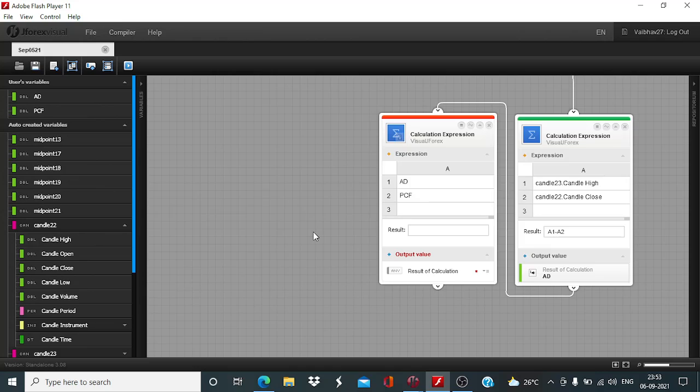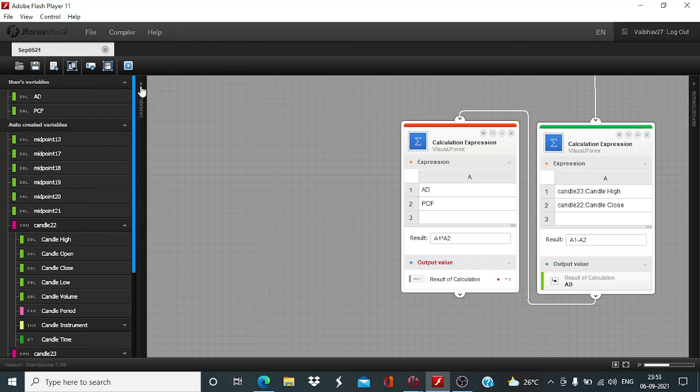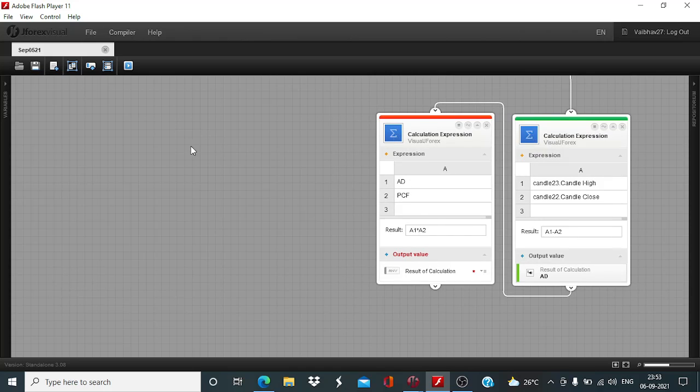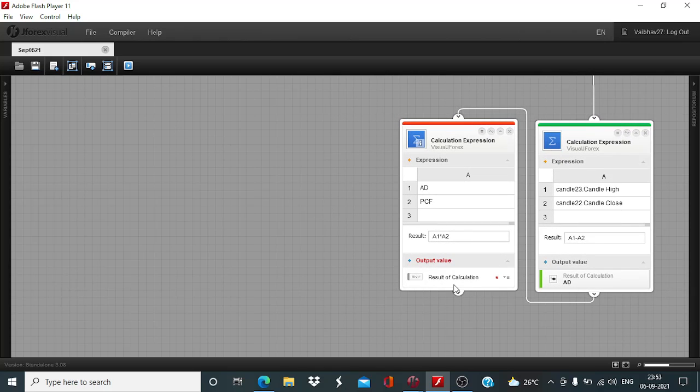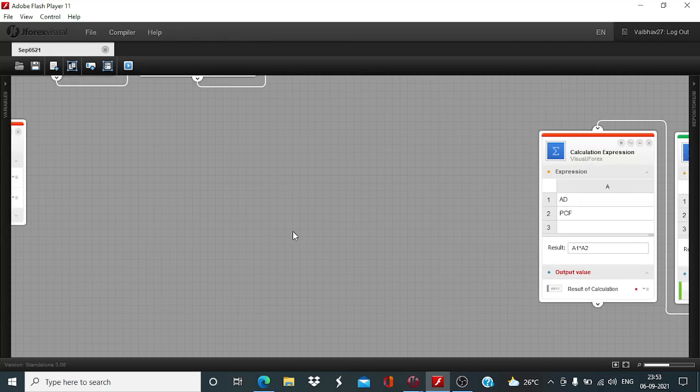So here we have these two variables in place, and now we will need to do A1 into A2, and I will not define the output value right away. We will wait for the trade command block to be added, and after that we will fill this variable with the data type integer. Okay, so we leave it there.